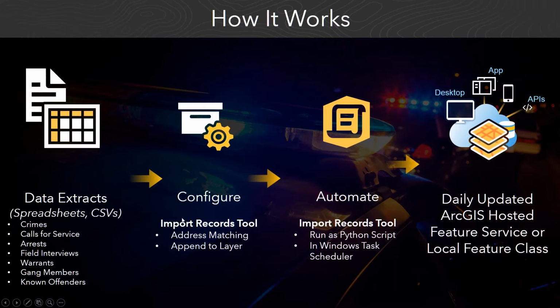This tool is basically helping you to create a configuration file. That configuration file keeps track of all the parameters that are going to populate this process. Where are your spreadsheets located? Where is your address locator located? Which fields in your spreadsheet have the address or the XY information in them?